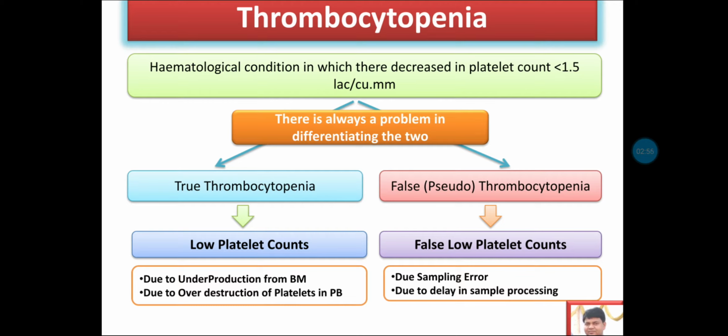We can also have such findings due to delay in sample processing. Whenever a sample is delayed for processing, there may be chances of pseudo thrombocytopenia.